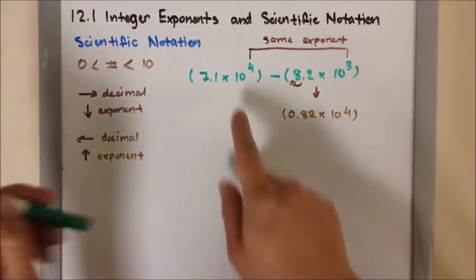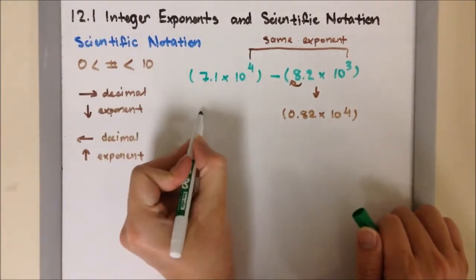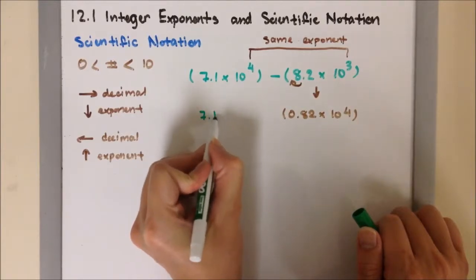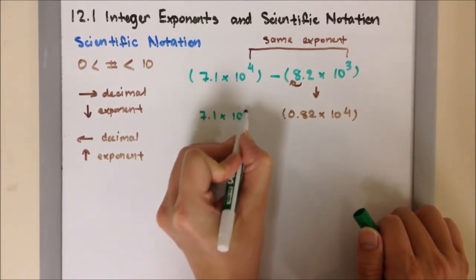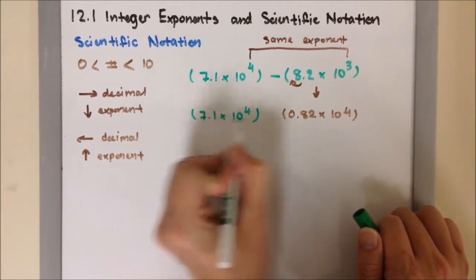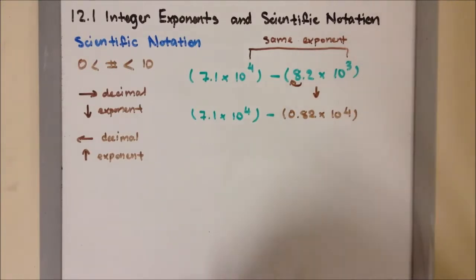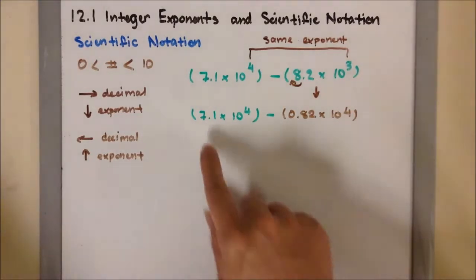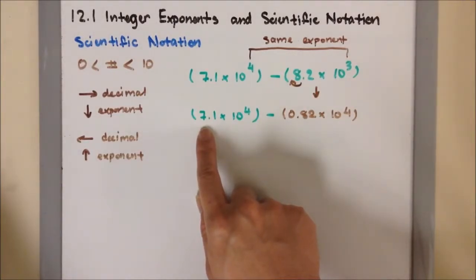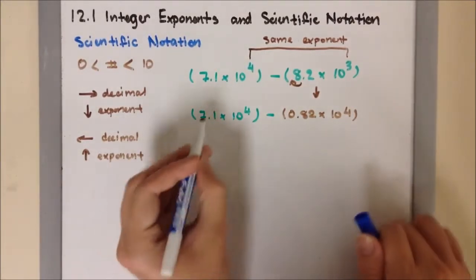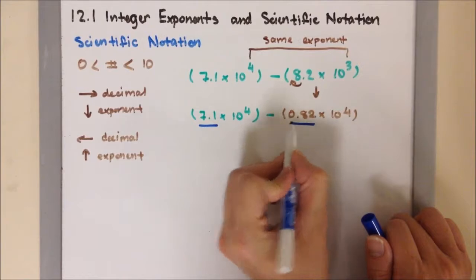So therefore, this one will stay the same. Now the exponent on the 10 is the same. I can continue by subtracting these two numbers. So we're just going to focus on 7.1 and 0.82.